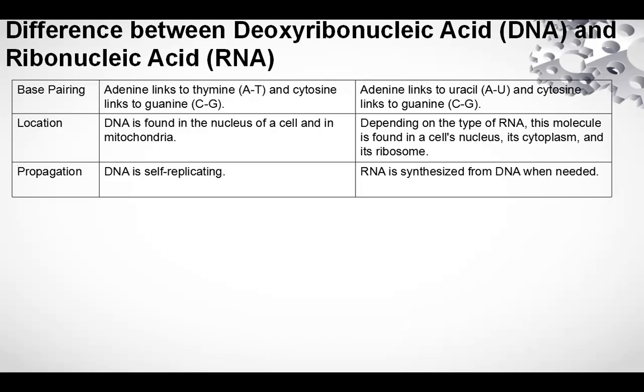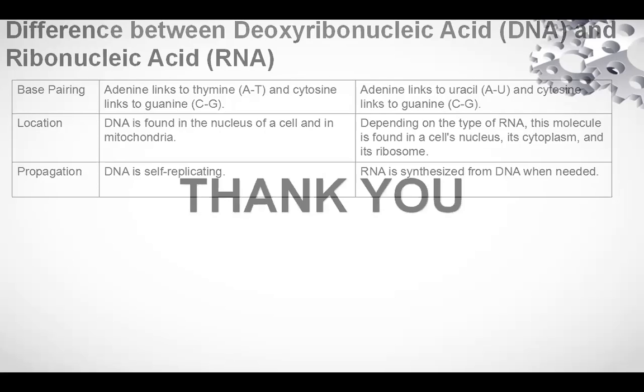This molecule is found in the cell's nucleus, cytoplasm, and its ribosome. In terms of propagation, DNA is self-replicating, while RNA is synthesized from the DNA when it's needed. So that's all. I hope it's clear.